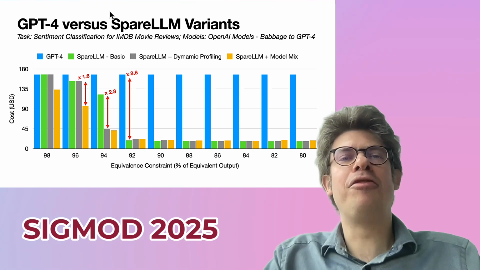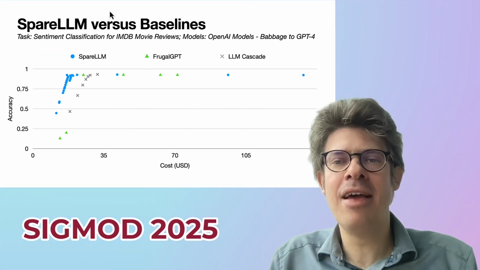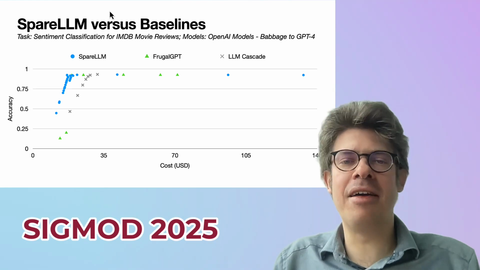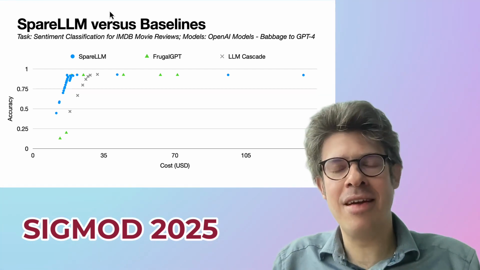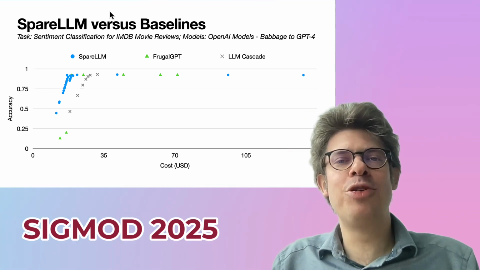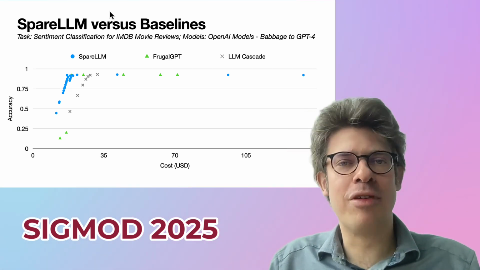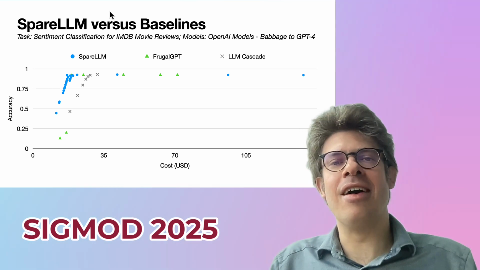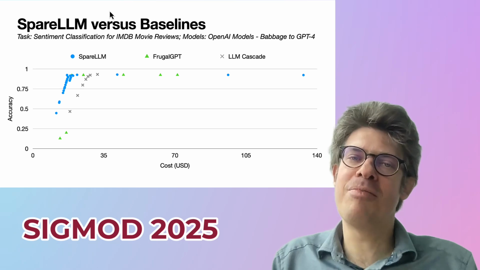Now, beyond comparing different variants of SpareLLM, of course, we can also compare the different baselines. And here we use two recent baselines, Frugal GPT and a Cascade-based baseline, which essentially uses a sequence of different model invocations in order to get a better cost-quality trade-off compared to using just one of the more expensive models.